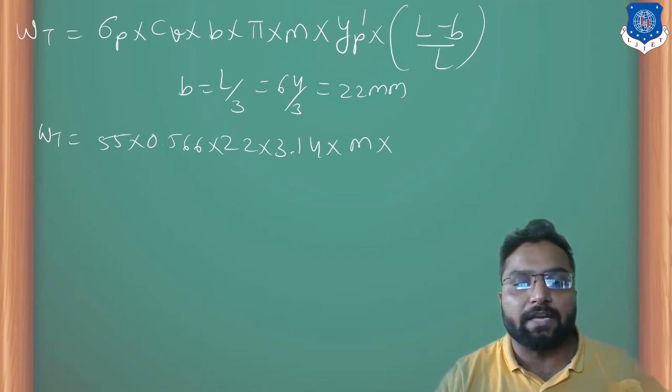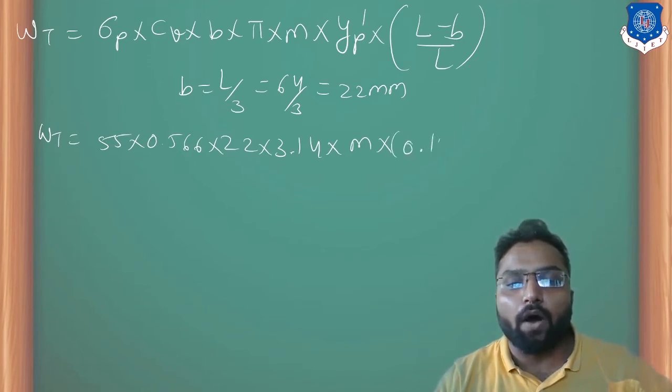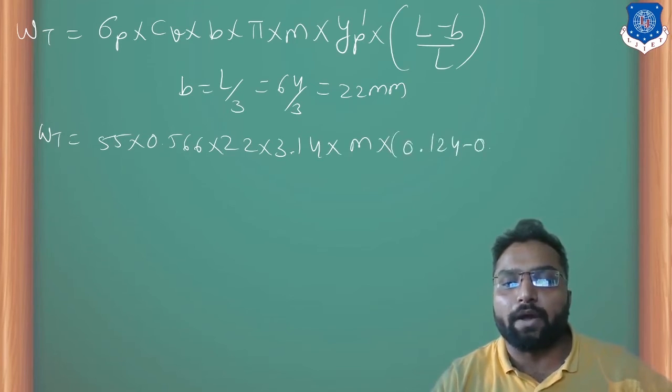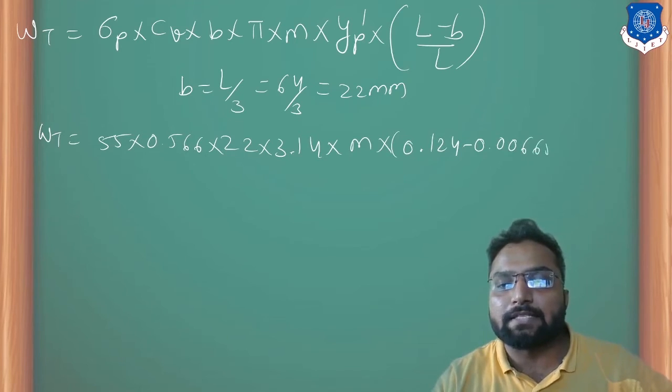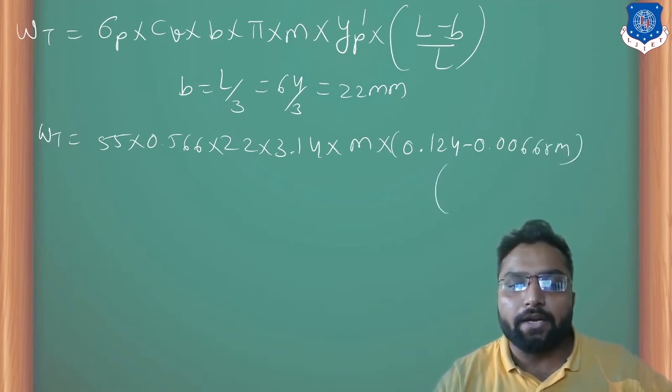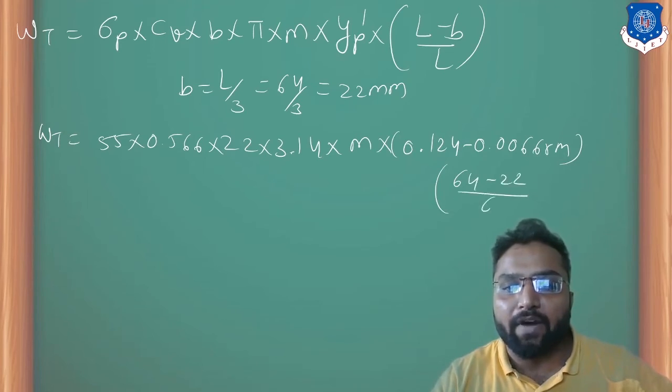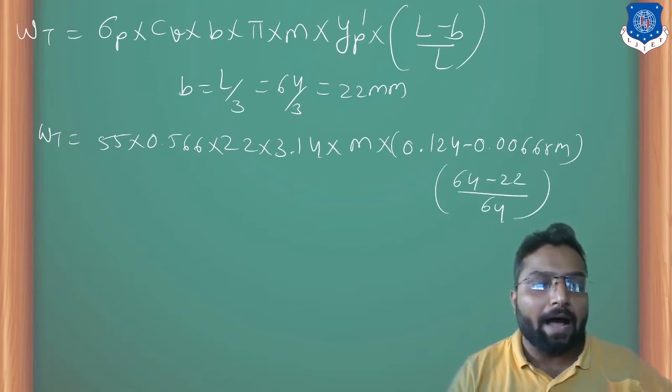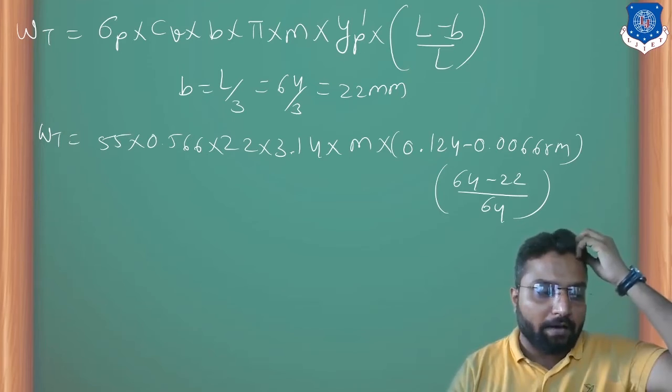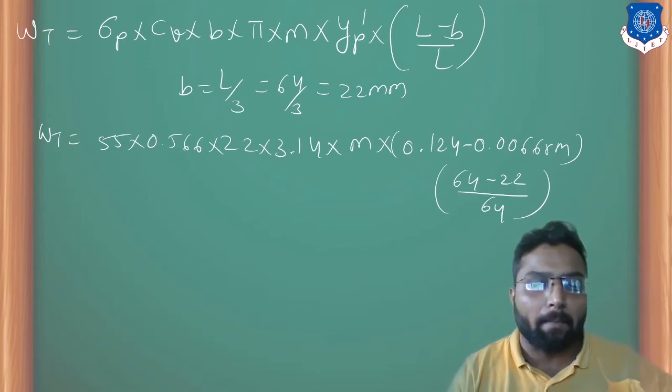YP dash was 0.124 minus 0.00668 of module, into L, which is 64 minus 22, divided by 64. And Wt is also given in terms of our torque and power.